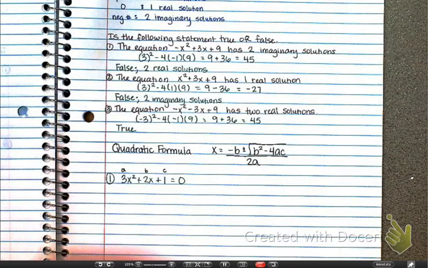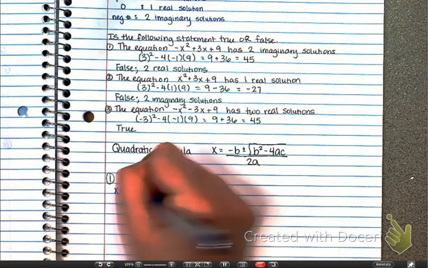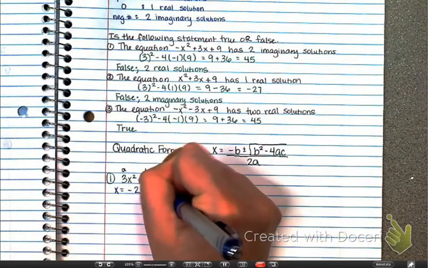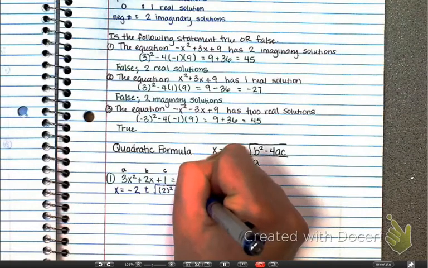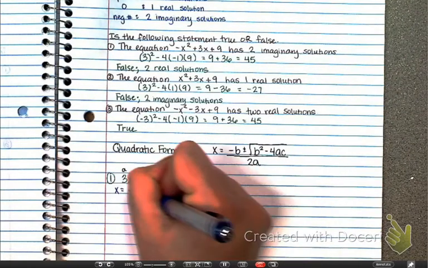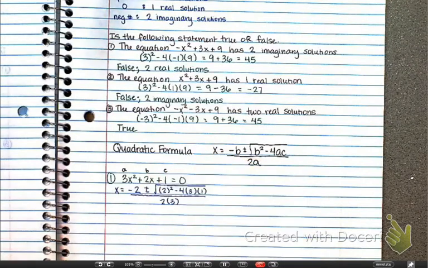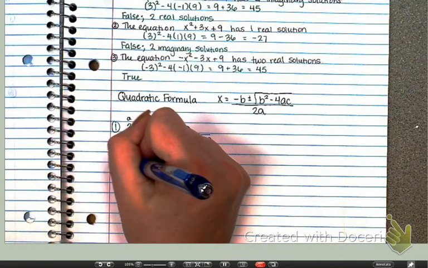Let's plug it in. X equals negative b plus or minus the square root of b squared minus 4 times a times c all over 2 times a. So let's keep going.